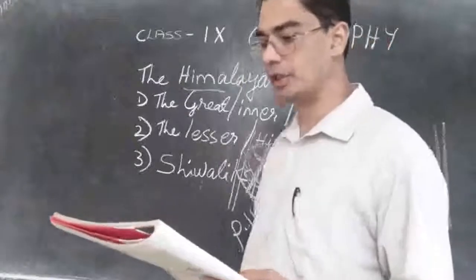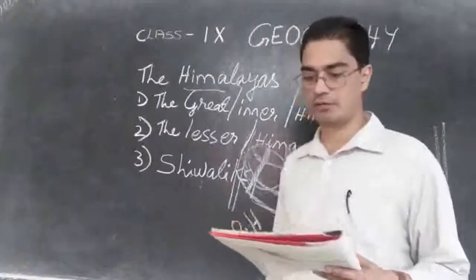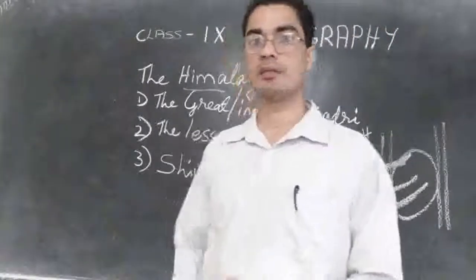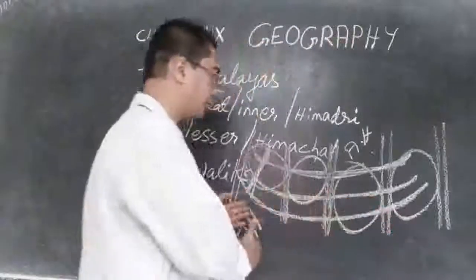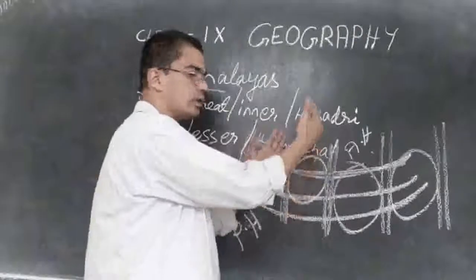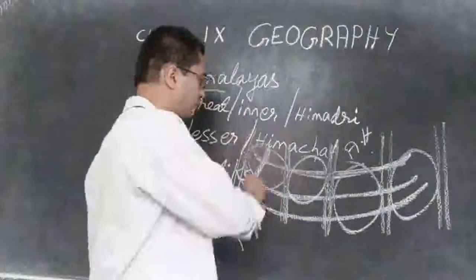And there are regional names also in these broad categories, and you can find out some regional names of the Himalayas. So the Himalayas are divided into different parts in the local area, based on the flowing of the river. So which are the major rivers flowing down?